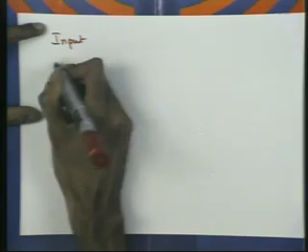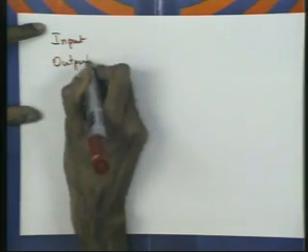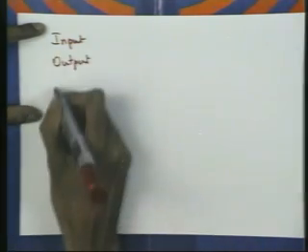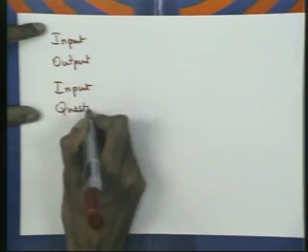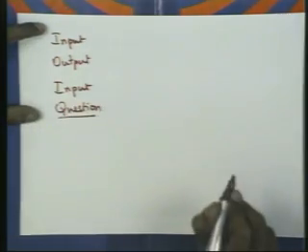Okay, so when we looked at these problems, there were two kinds of problems we looked at, okay. For some problems we wrote input, output, okay. For certain other problems we wrote input, question. Okay.